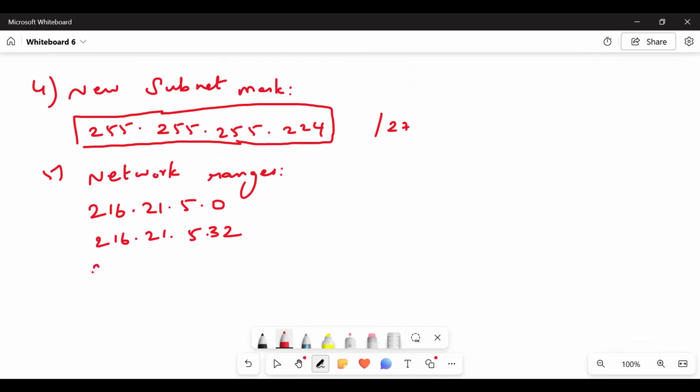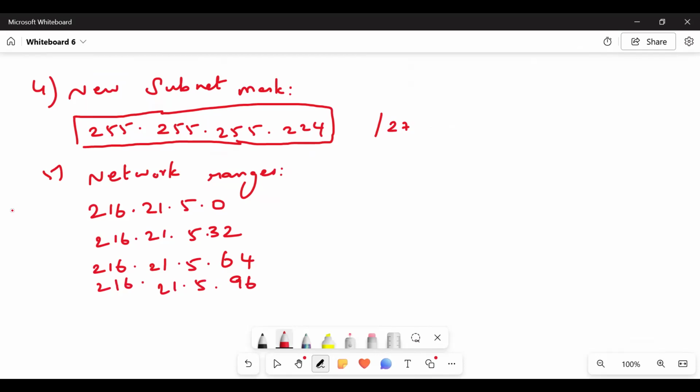Again, the next subnet is 216.21.5.64. Next 32. Likewise 216.21.5.96. So it will be going on.